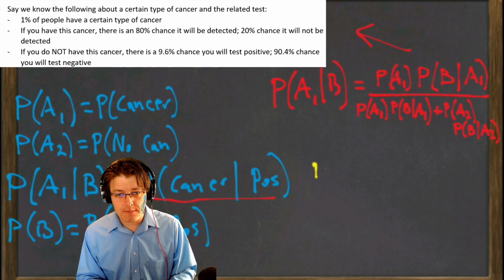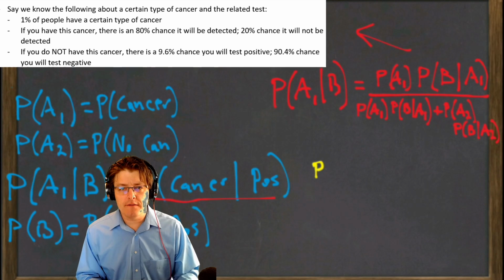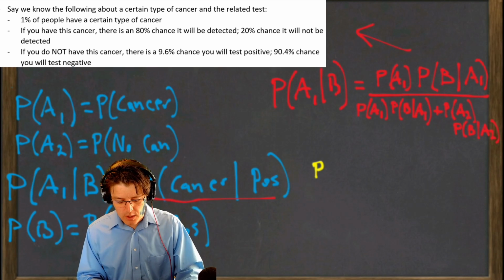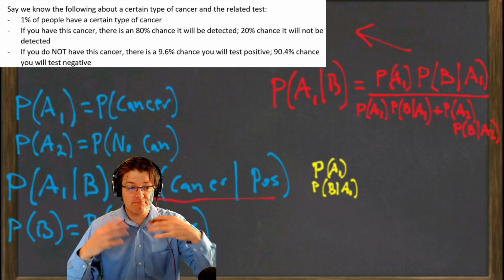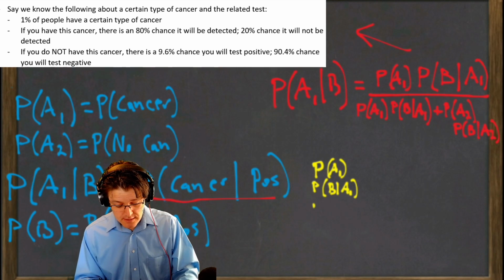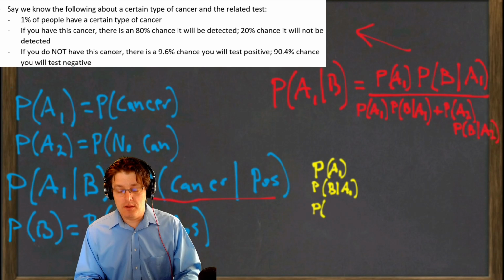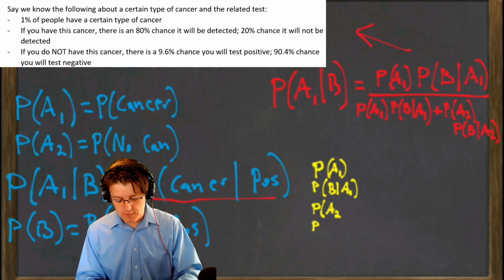We need the probability of A1. We need the probability of B given A1. Always good to organize your thoughts. We need A2, and we need the probability of B given A2.